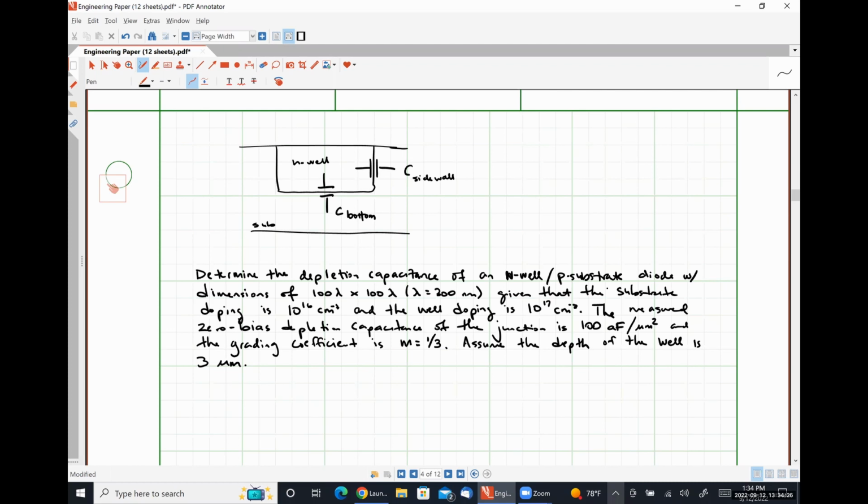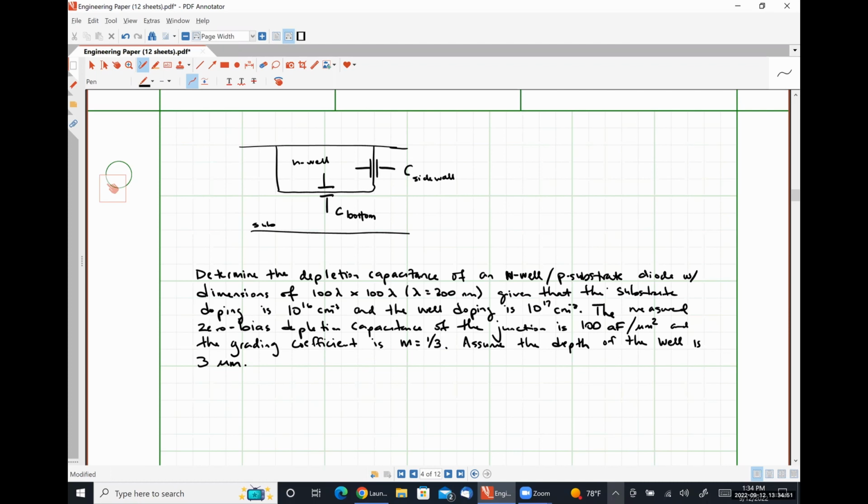So we're going to break this thing into two different parts. We are going to find the unbiased junction capacitance of the bottom. We're going to find the unbiased junction capacitance of our sidewall, and we're going to add these two terms up, and then we can treat it as a simple capacitance that varies with voltage, okay?